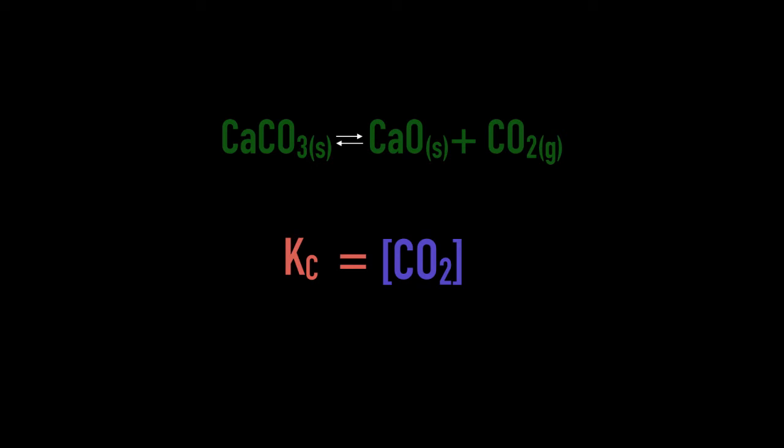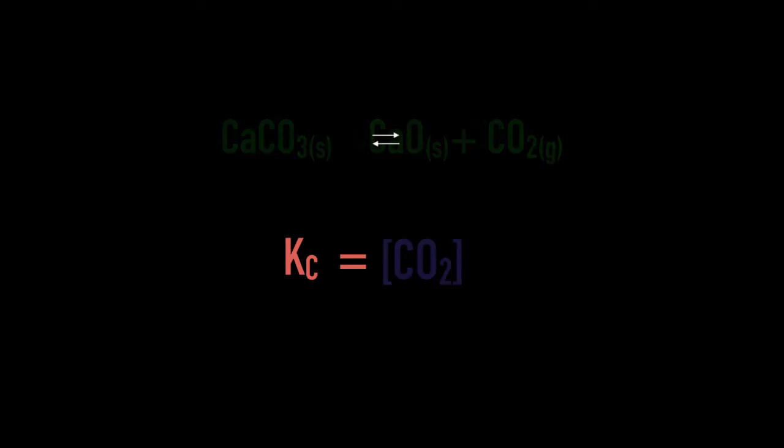Here we would think that it'd be the concentration of CO2 times the concentration of calcium oxide over the concentration of calcium carbonate. But instead, it's just the concentration of carbon dioxide, because the other 2 values cancel. We also have to keep in mind that all the stoichiometric coefficients here are all 1, so we don't need to raise any of them to any powers.